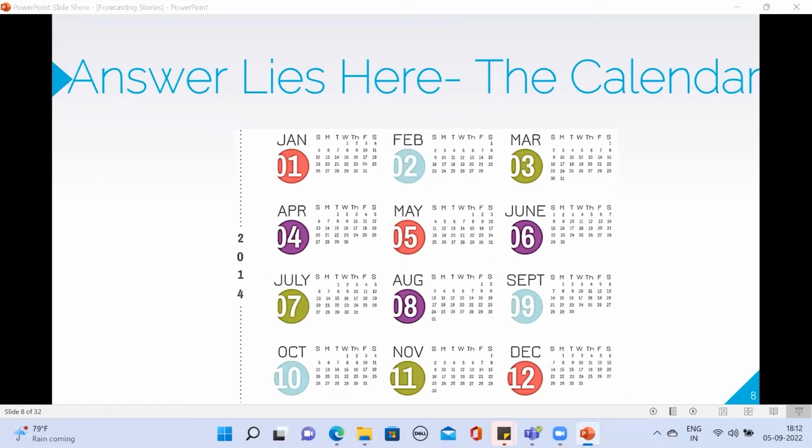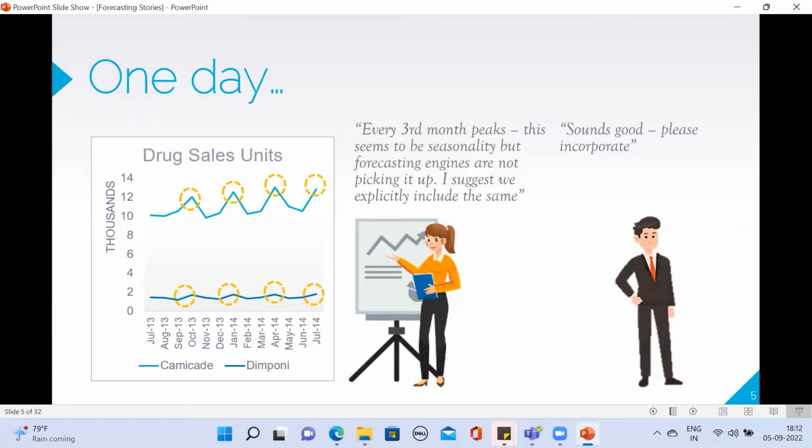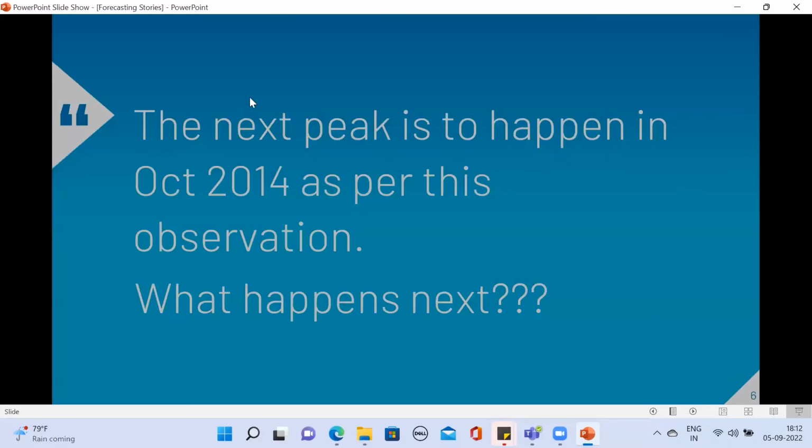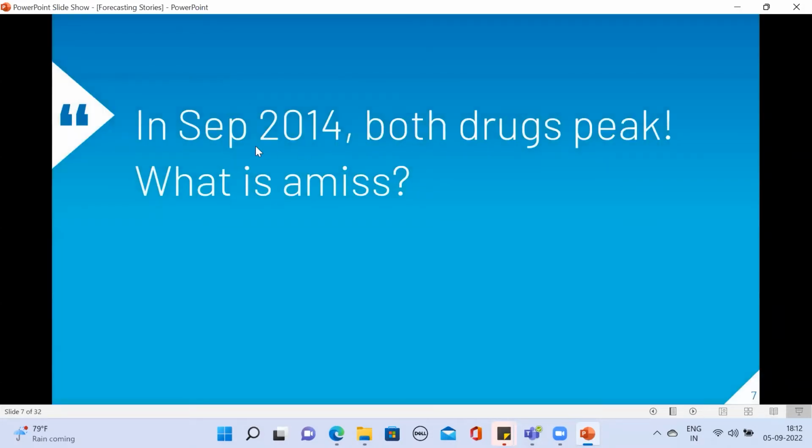The question is that if you look at this graph, right, every third month is peaking historically, right? So the last peak happened in July. And if we were to forecast and extrapolate this pattern, August, September, October is supposed to peak. But what happens is not October, but 1 month earlier, September 2014 peaks. So why would the second month peak instead of the third month?